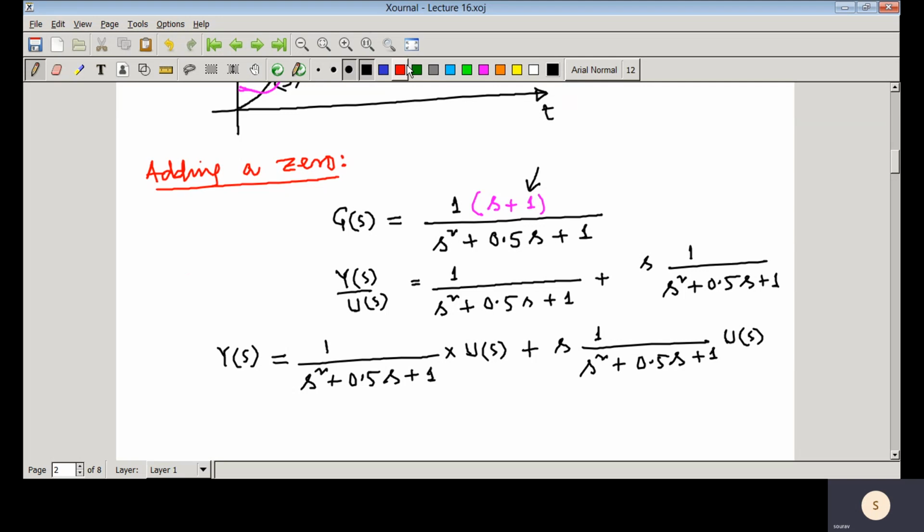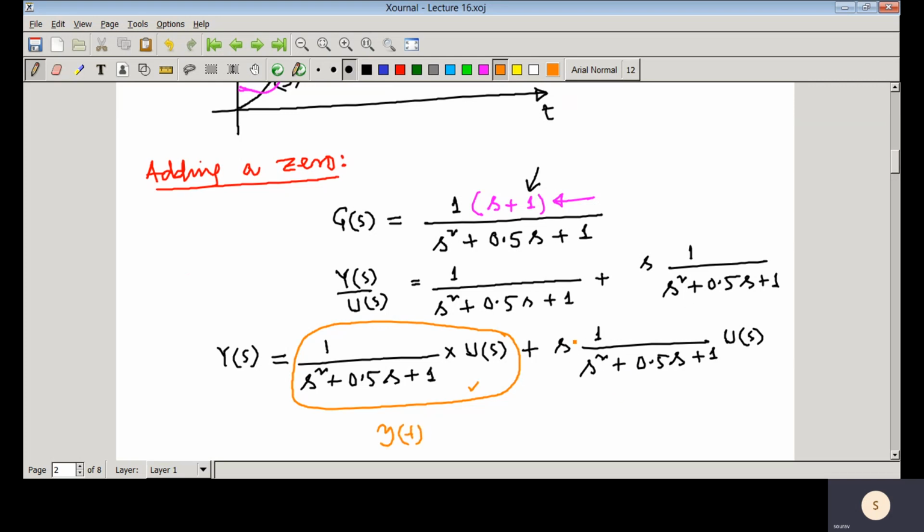Now if there is no 0, that means suppose we have not introduced that 0, then for the second order system you would take the inverse Laplace transform of that, and the response would be y(t).